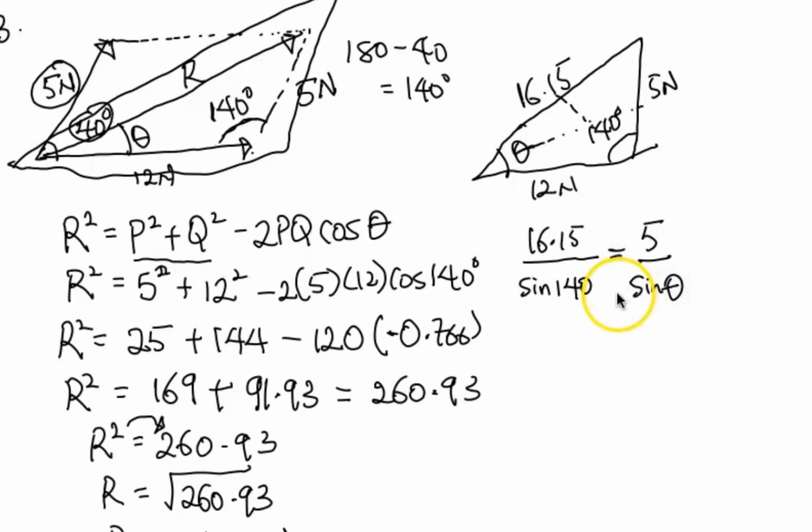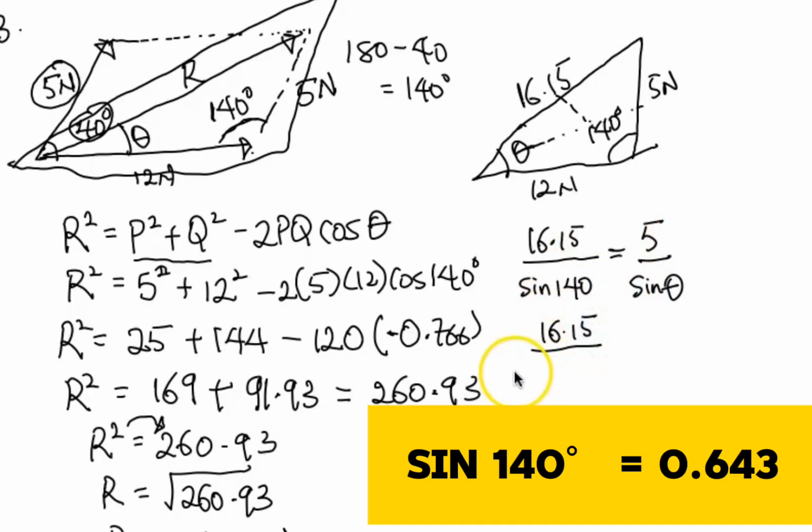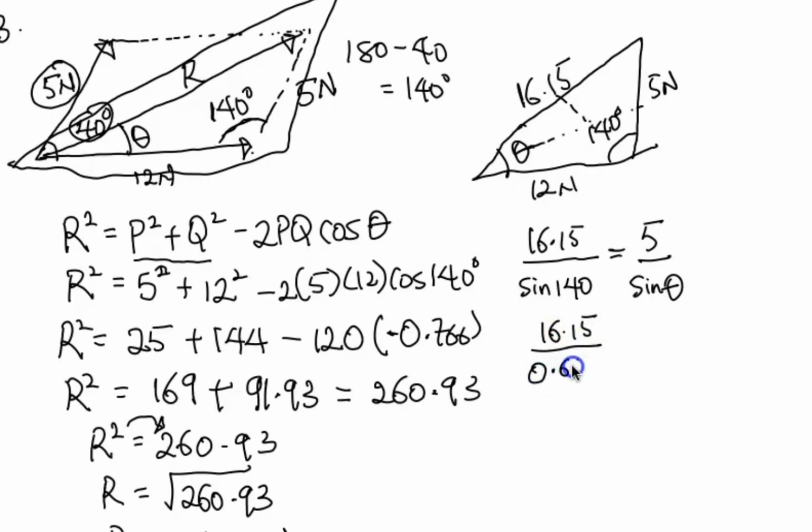So now we are going to go ahead and make a calculation. So 16.15 over sine 140 will give us 0.643, which is equal to 5 over sine theta. So we'll cross multiply.